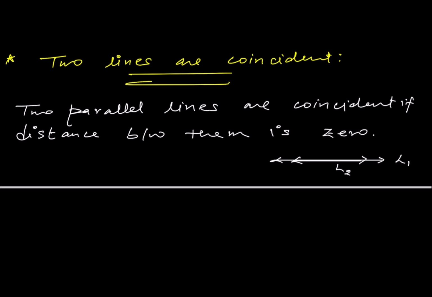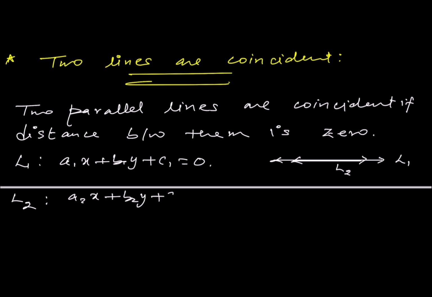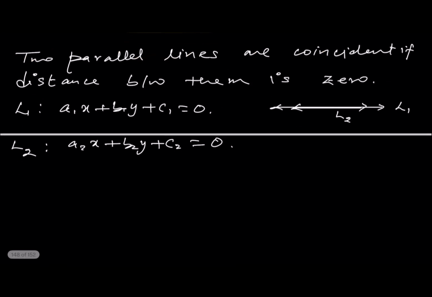Okay, so now we need to find the condition. What is the condition when two lines are coincident? So let's say L1 is a1x plus b1y plus c1 is equal to 0, and L2 is a2x plus b2y plus c2 is equal to 0.